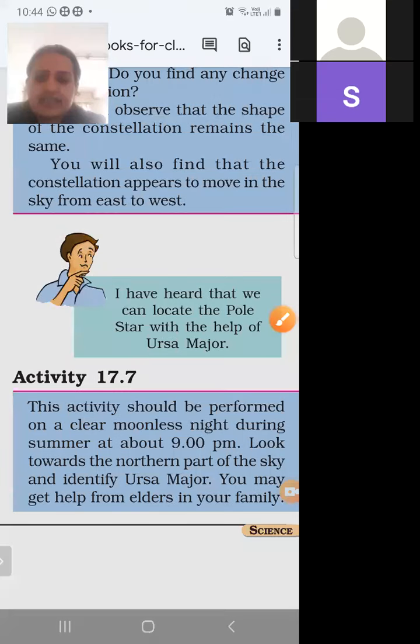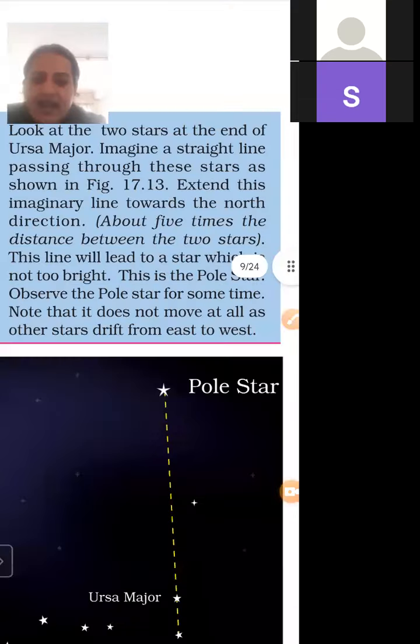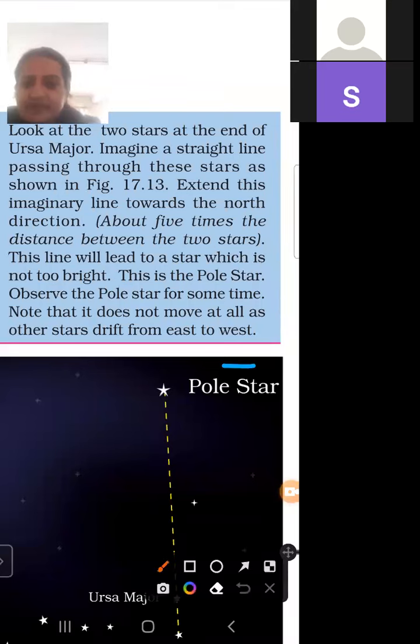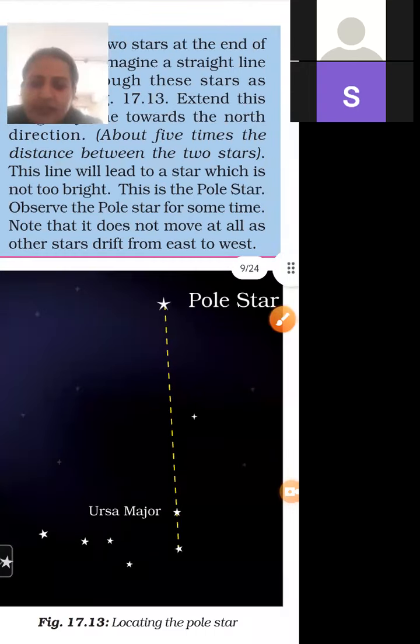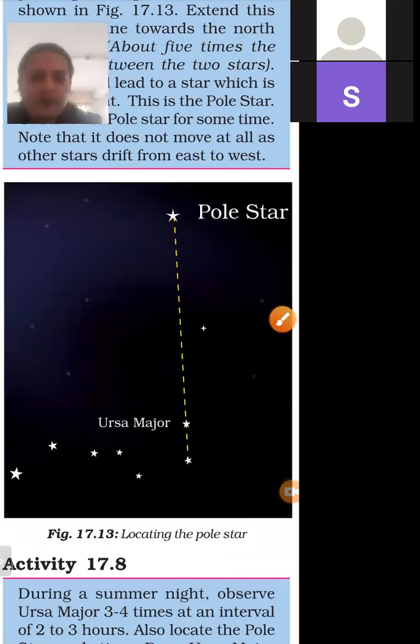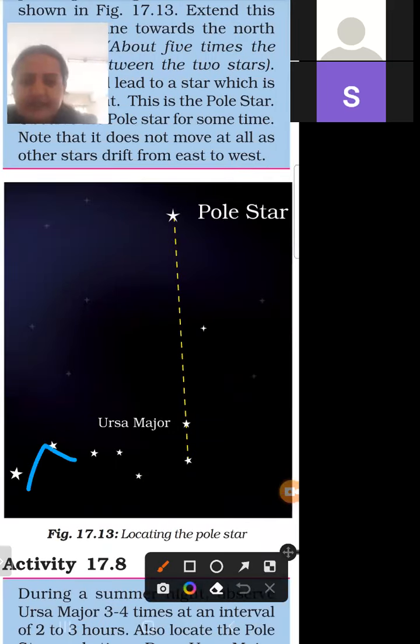Look at the two stars at the end of the Ursa Major. So this is the pole star. And how can you locate this pole star? With the help of Ursa Major. So this is Ursa Major.